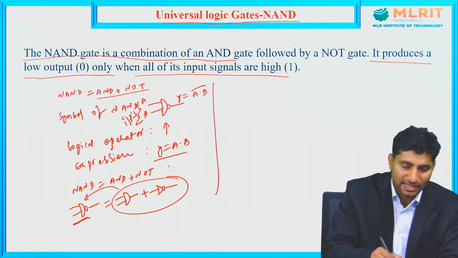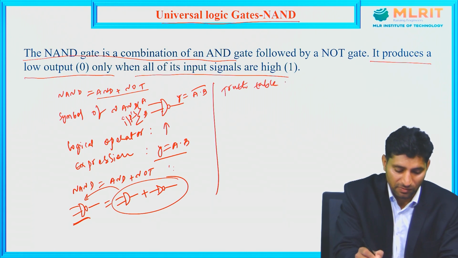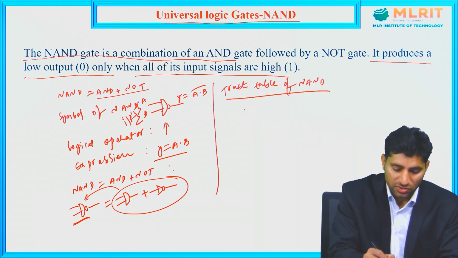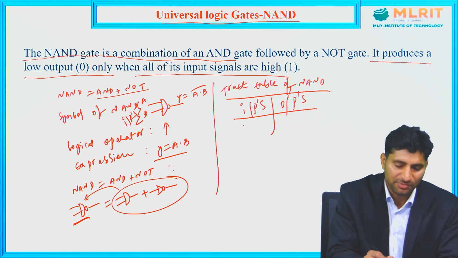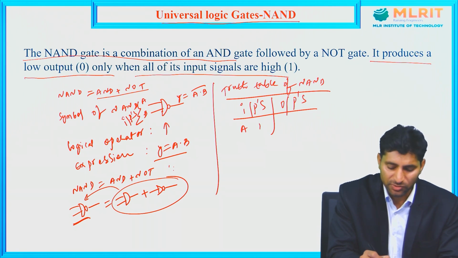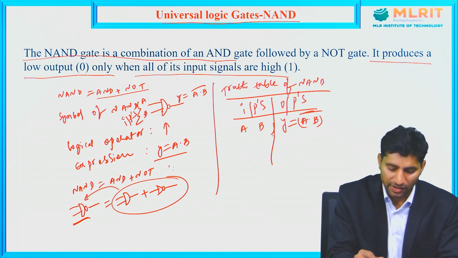Let us see the truth table of the NAND logic gate. A truth table consists of the possible inputs and their corresponding outputs. For simplicity, I took only two inputs, A and B, and Y is the output. It's an inverse operation of the AND gate.